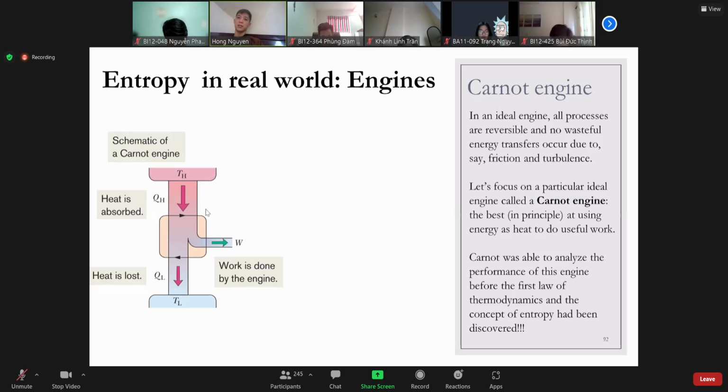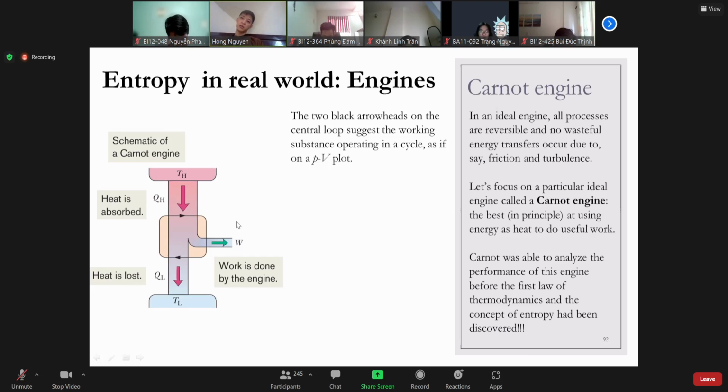And the loop here suggests the working substance operating in a cycle, very similar to what we see on the PV diagram. If you put the PV diagram here, you see that this is the cycle. So we have the heat, you have the work, and so on.